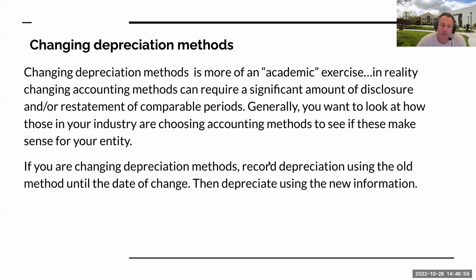Now, if you're changing depreciation methods, this is very different. This is going from straight line to double declining balance or to units of production. You use the old method up to a certain point, and then you use the new methodology.